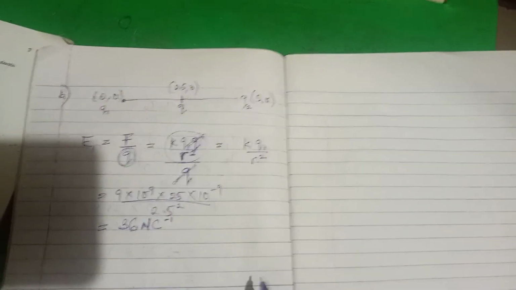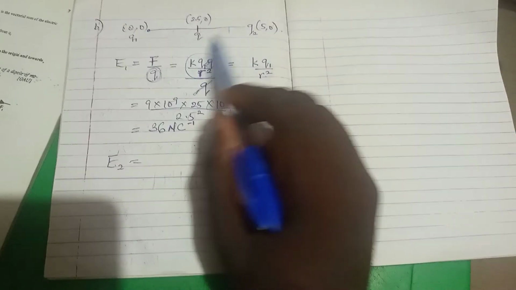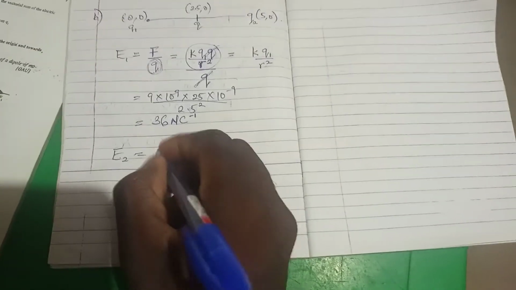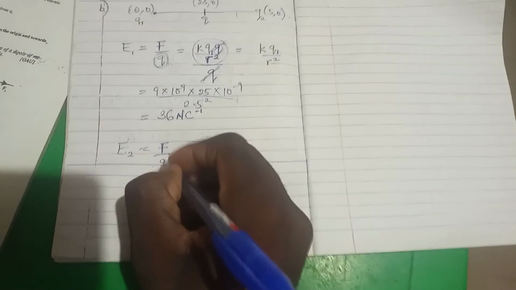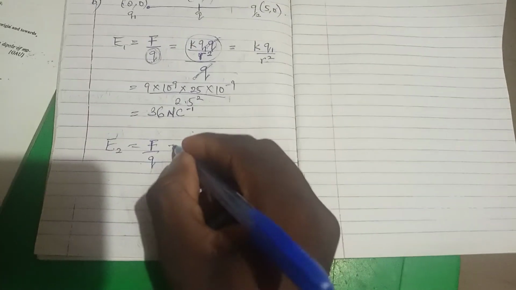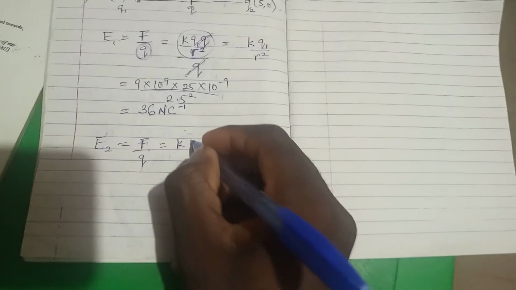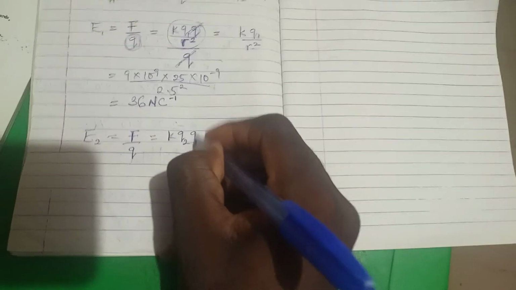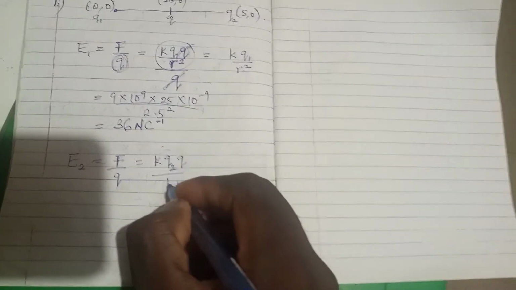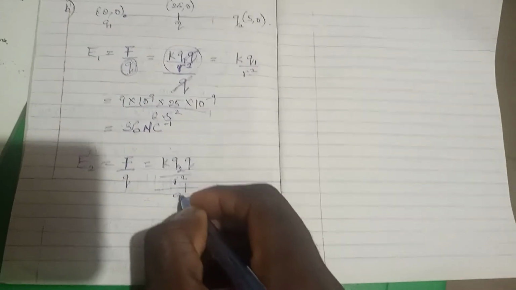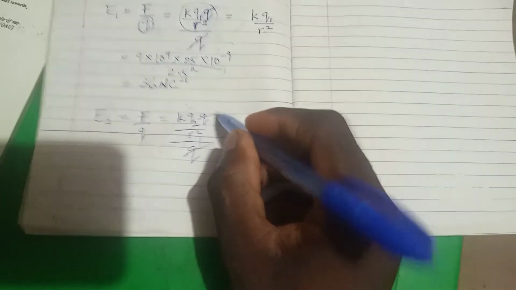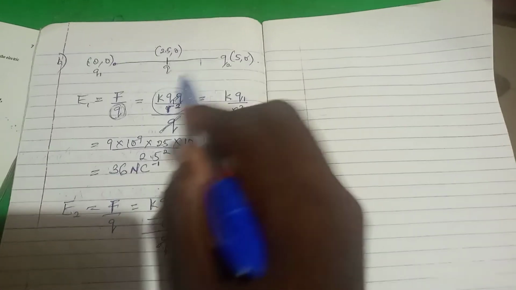So we settled E1. E2 now, like I said, will be relative to these two. So E2 is going to be the same, force per unit positive test charge. But this time around, the force is K Q2 Q over R squared, all over Q. So now Q goes with Q, since we are dealing with these two.